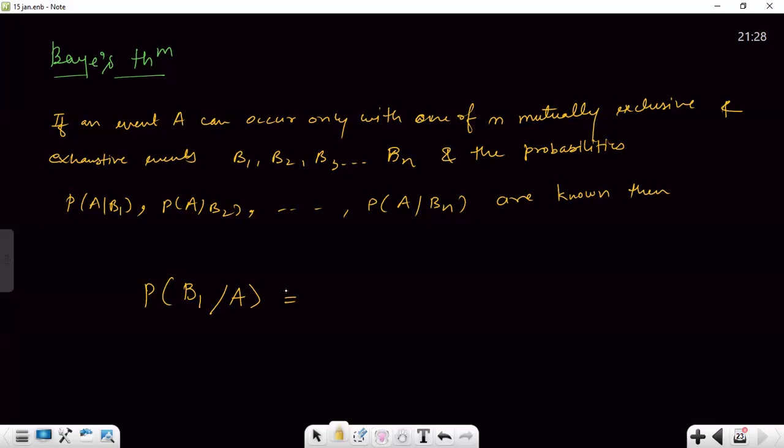Okay, this is similar to the conditional probability, but you will be surprised to know how the formula comes out.